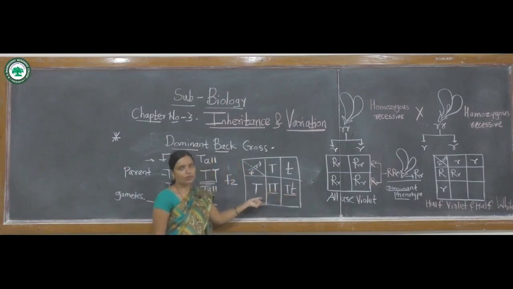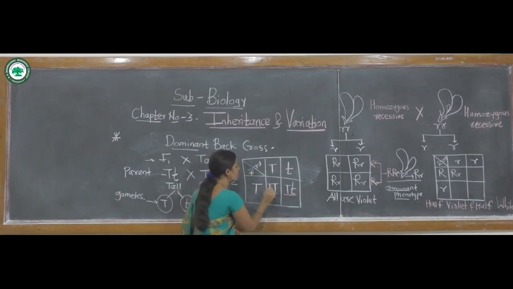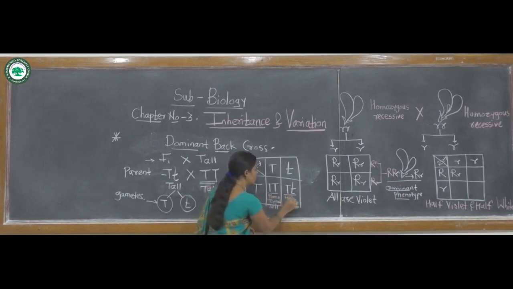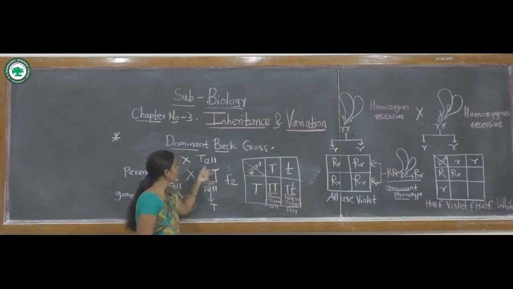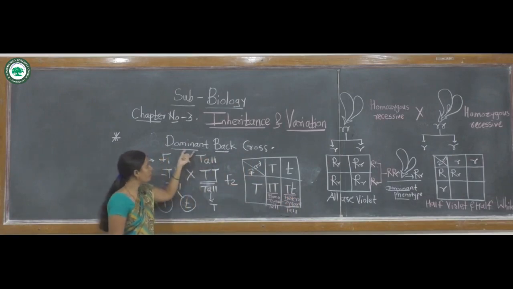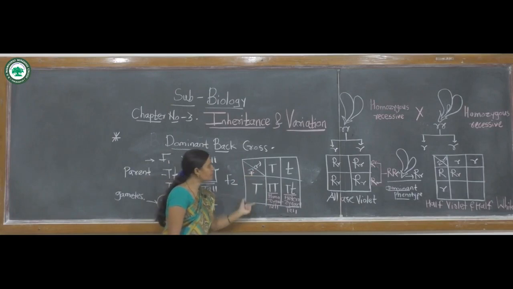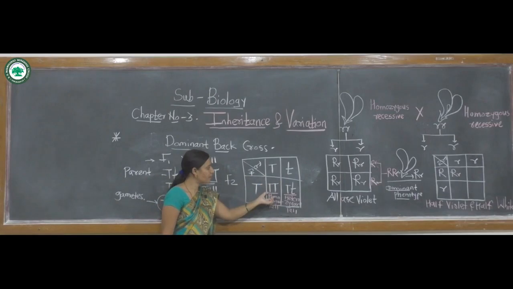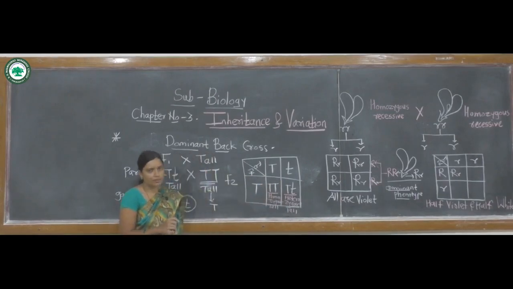All are tall, but one is a homozygous tall plant and the other is a heterozygous tall plant. In this dominant back cross, the crossing gives one homozygous tall, capital T, and another heterozygous tall plant.